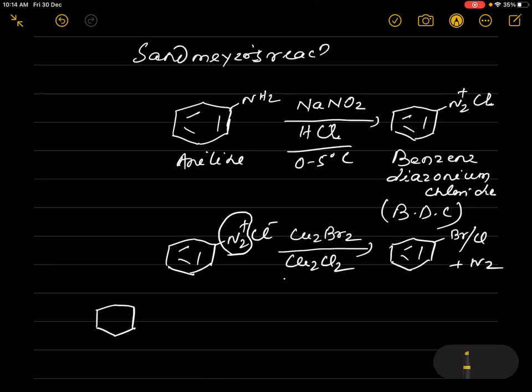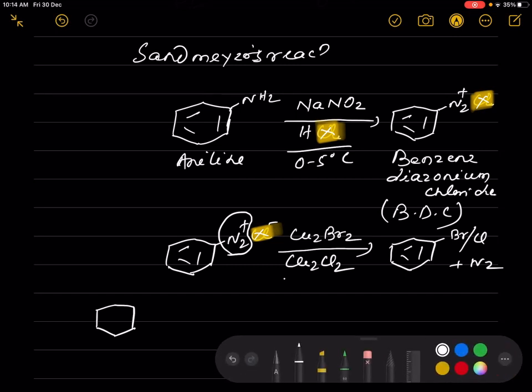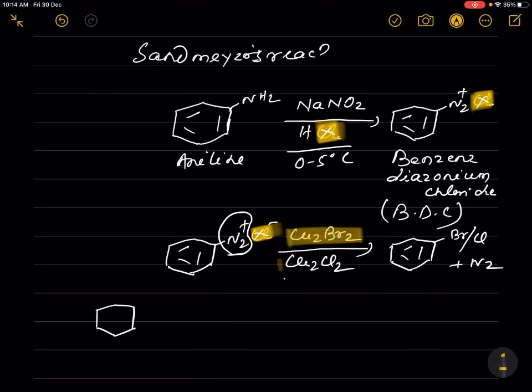Instead of chlorine you write X over here, then in this position you also write X. Then you will get bromo or chlorobenzene by treating with Cu2X2, where X is chlorine or bromine.